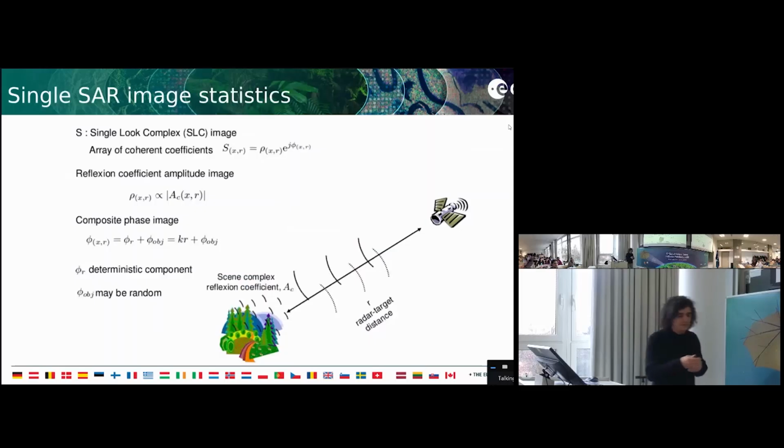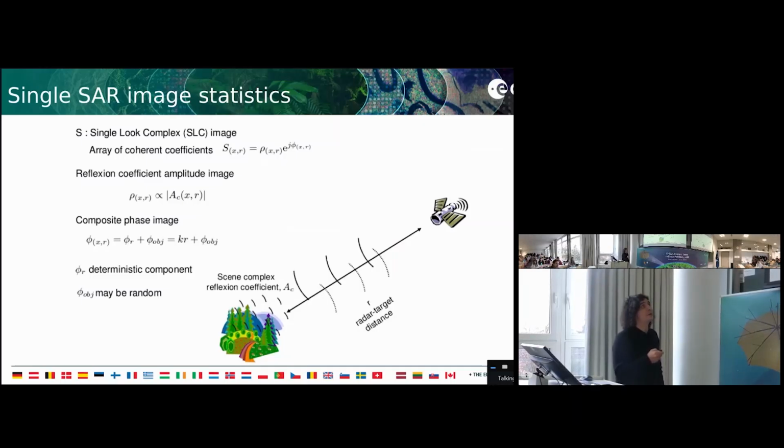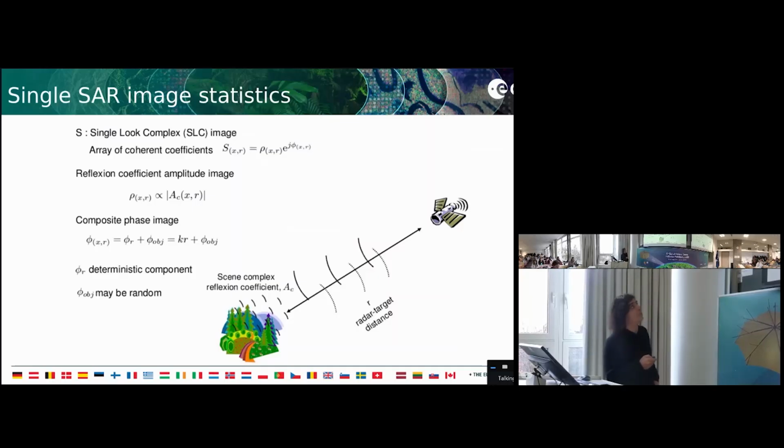So this is just another way of presenting interferometry. We are acquiring an image which, after focusing, is made of an amplitude, rho, and a phase. Both of them are normally quite noisy, especially the phase component, the one which corresponds to the distance, to the traveling delay between the radar and the object.